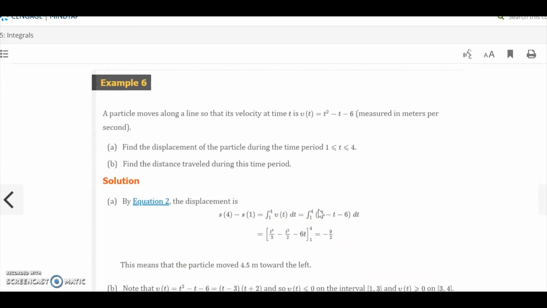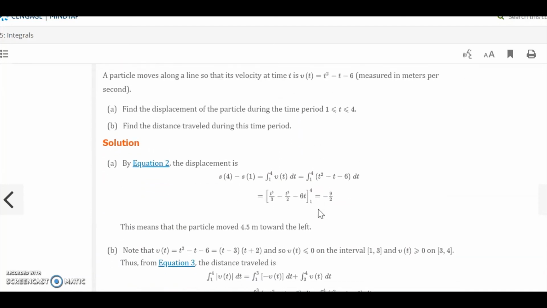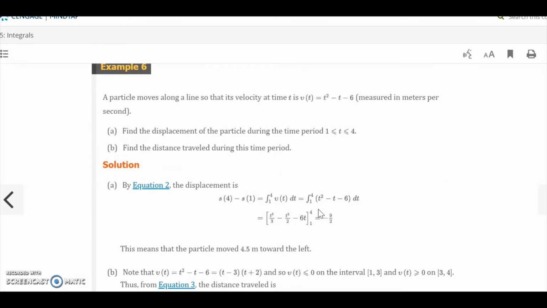Okay, so this is the example that I wanted to talk about, and let me know if you have any questions about it, because this is probably one of the most important applications that I want you to mainly focus on for this section.